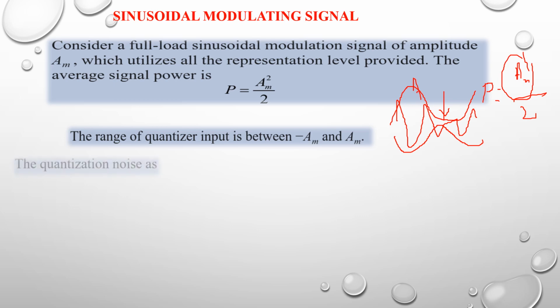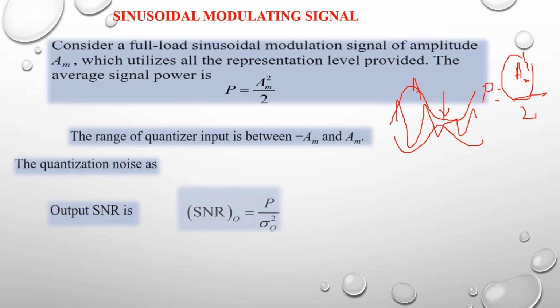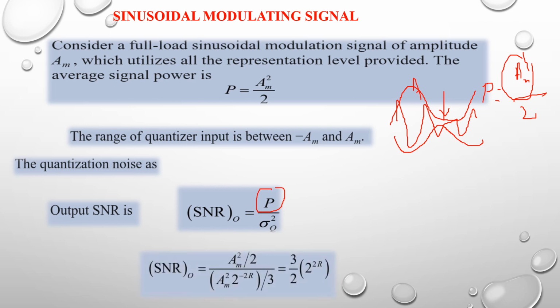We know that the signal to quantization noise ratio is equal to power P divided by sigma Q square. We know that P is equal to A_m square divided by 2, and sigma Q square is equal to A_m square into 2 to the power minus 2R divided by 3.